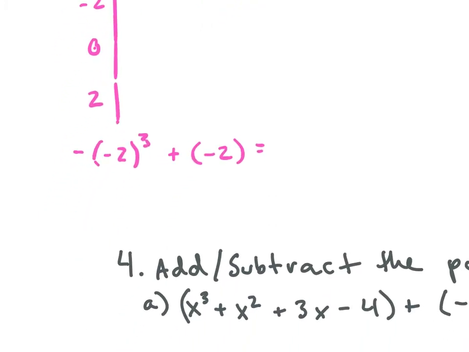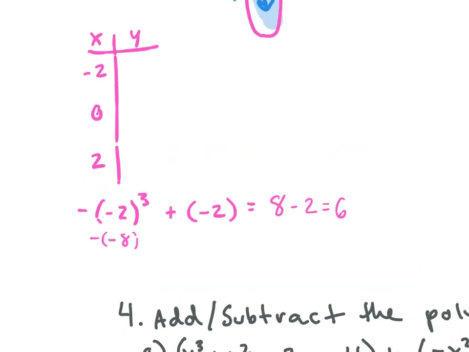What is -2 cubed? -8. But then -8 times a negative becomes what? Positive. +8. So we have +8 minus 2. What does that give us? 6. Yep. So when x is -2, y is 6.